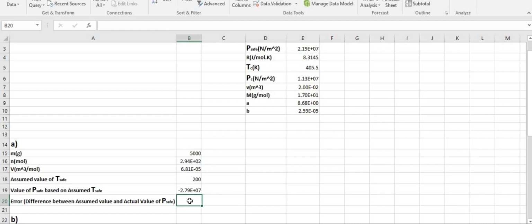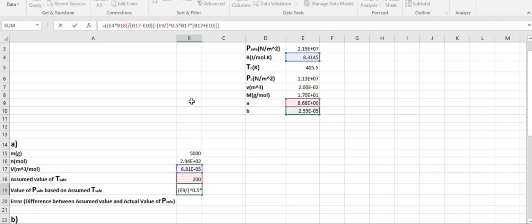So you now take your difference. Sorry, the value of T here is supposed to be the value here, which is this, and you have your assumed value of P safe as this.